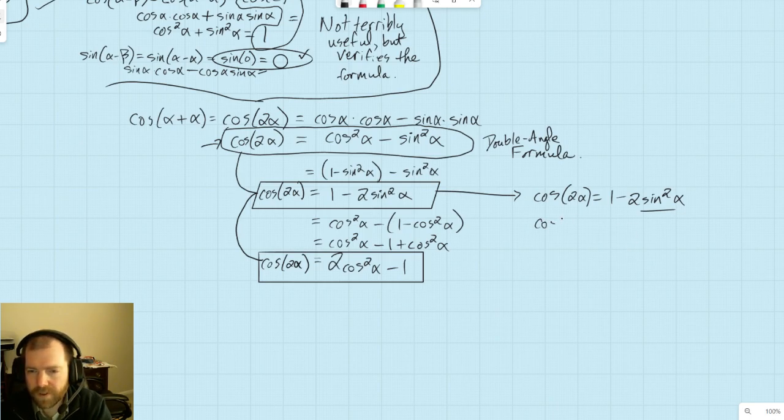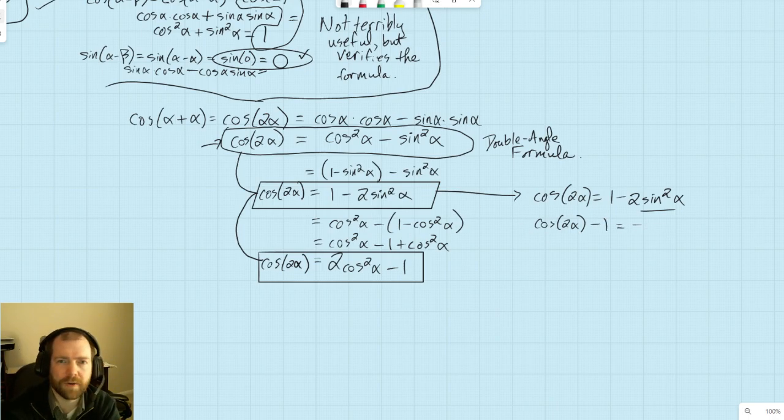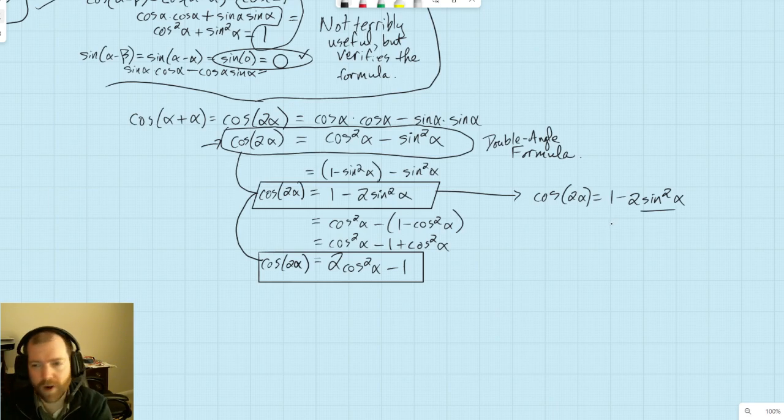And you know what? I don't even do that. I swap which functions are where. So take your negative 2 sine squared of alpha and add it to the other side. Take your cosine of 2 alpha and subtract it to the other side. So this is 2 sine squared alpha is equal to 1 minus cosine of 2 alpha.